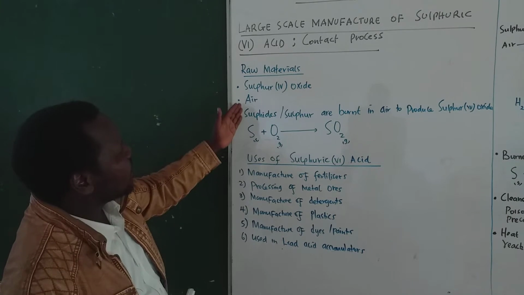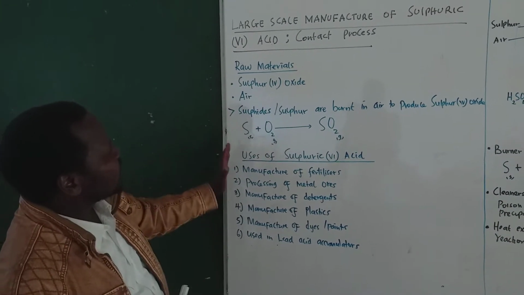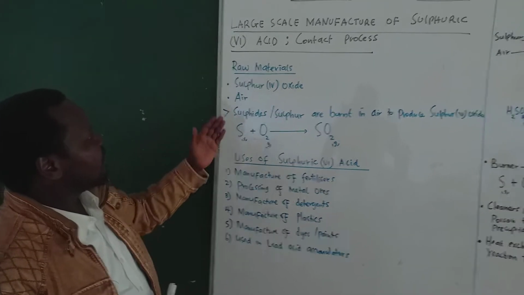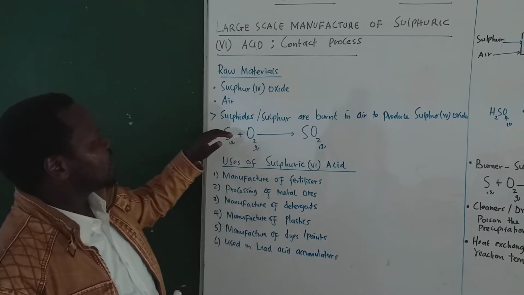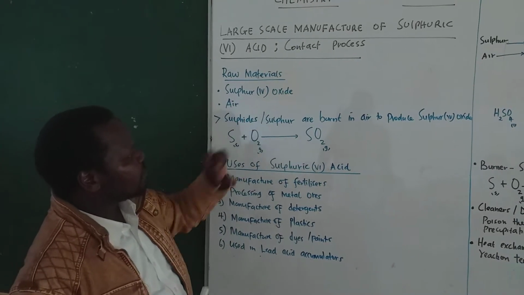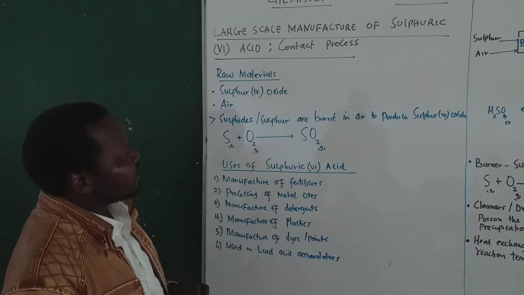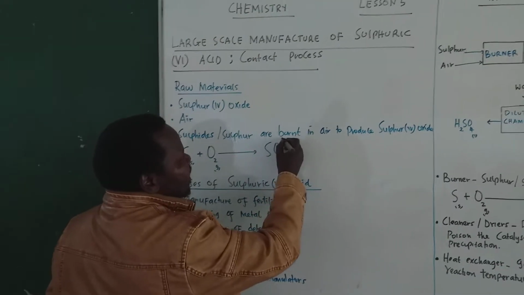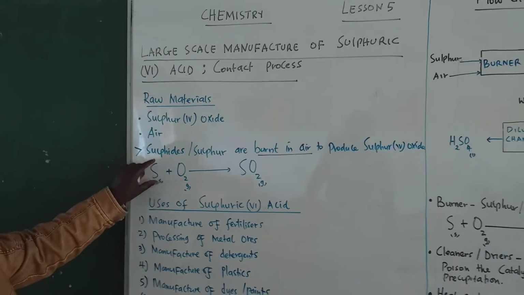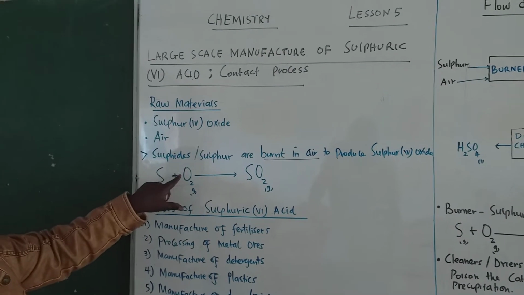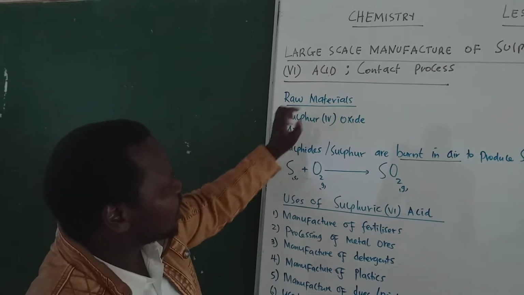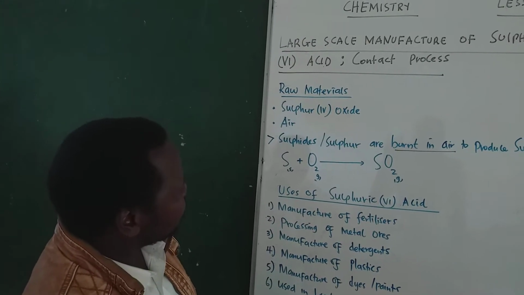However, to obtain sulfur 4 oxide, either metal sulfides or sulfur itself is burnt in air. If sulfur is burnt in air, it combines with oxygen to produce sulfur 4 oxide. So that is one way of obtaining this sulfur 4 oxide.